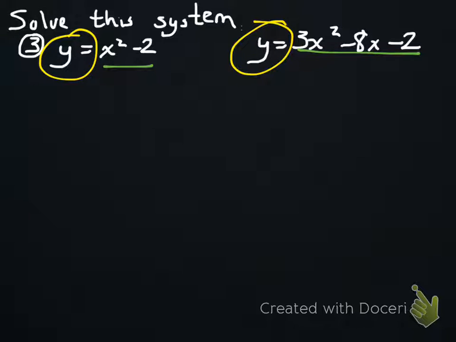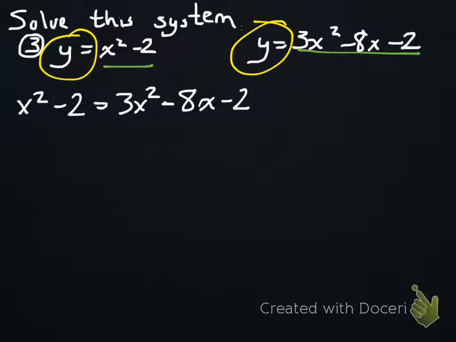Which one do you want to put on which side? Okay. You want to put the left one on the right, I heard? Oh, you said left, and I thought I heard someone else. Okay. So we'll just do that. X squared minus 2 equals 3x squared minus 8x minus 2.